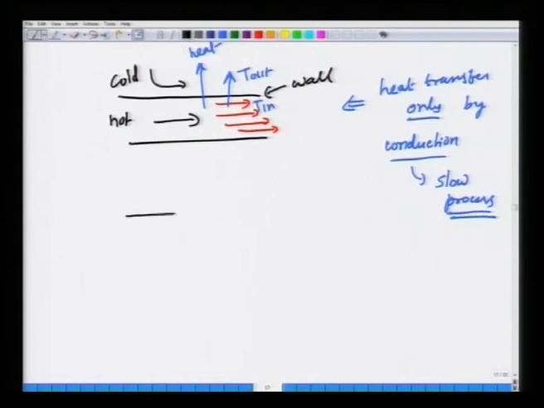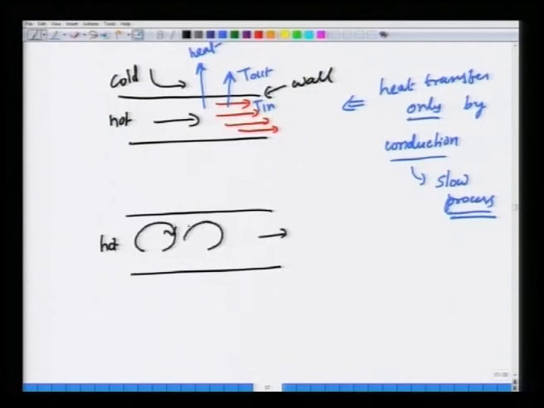But suppose, for example, you could conceive of a case where the hot fluid is flowing largely in this direction, but there are also cross stream flows, that is, flow is happening not just in one direction, but there are also circulations. So, this additional secondary flow can take fluid from here, the hot zone, to the relatively cold zone just by motion, and from there heat transfer can happen by conduction.